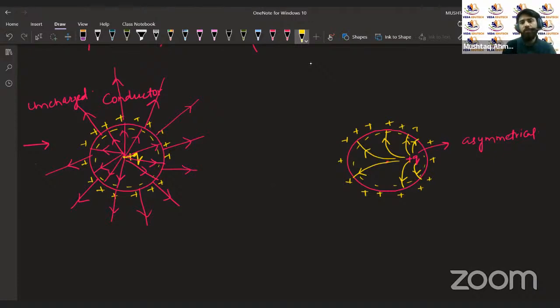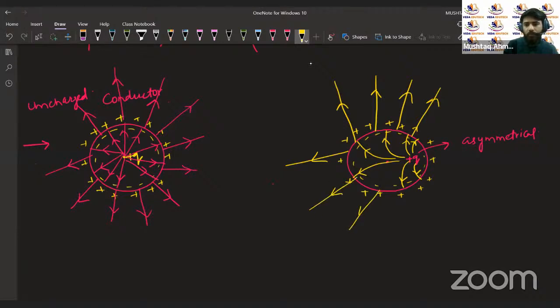And because of this positive charge, there will again be electric field lines, straight lines perpendicular to this conducting surface. So these are the electric field lines.